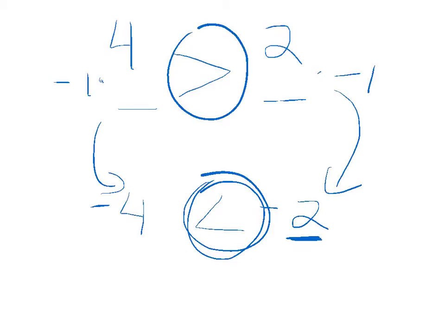Here's the main thing. I'm going to write this down right here. Make sure you write this at the very top. This is the only difference between solving an inequality and solving an equation.